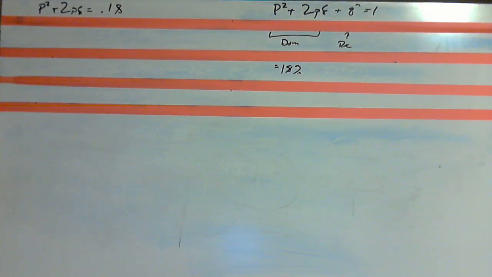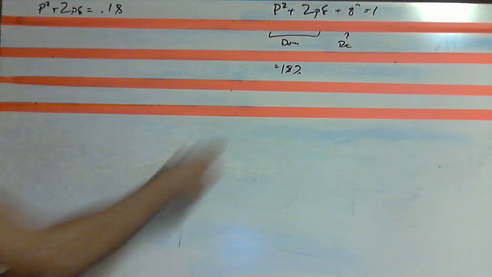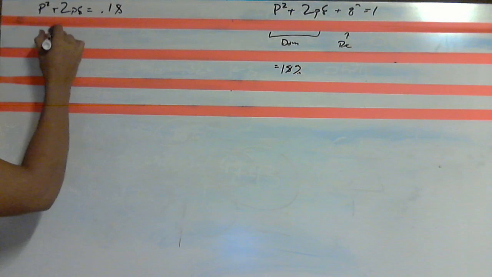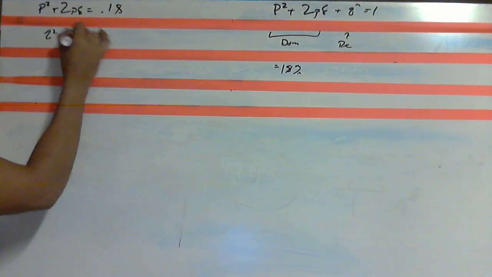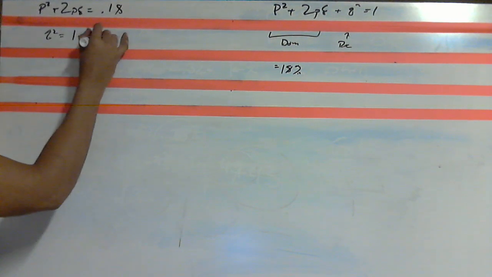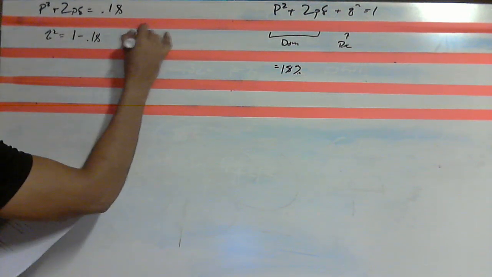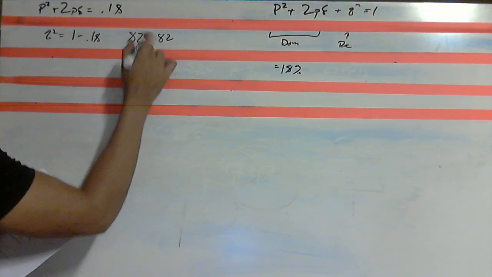Now, let's figure out what we're left with. If we know this equals 18 and we know this plus q squared equals 1, we can say our q squared equals 1 minus 0.18. So our q squared is going to be 82% or 0.82.